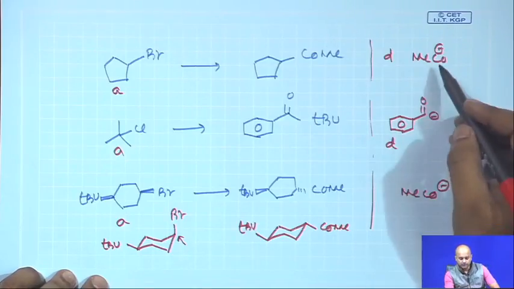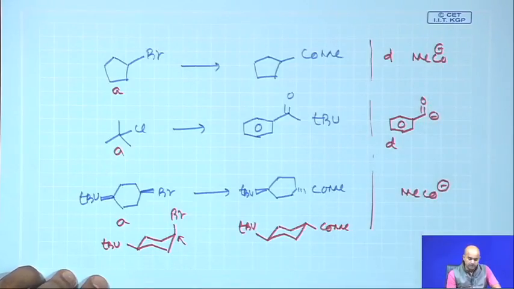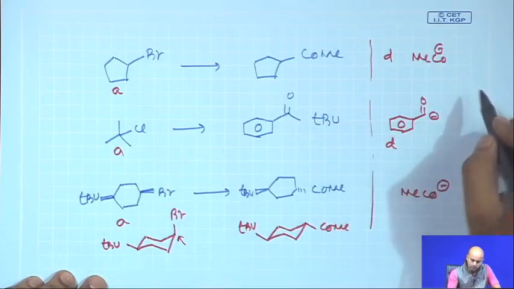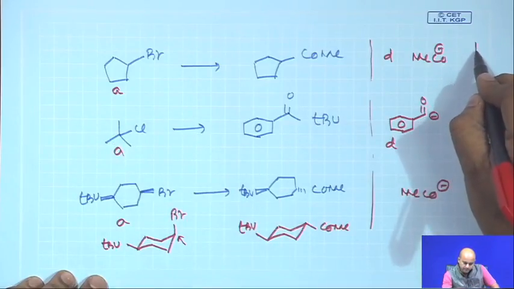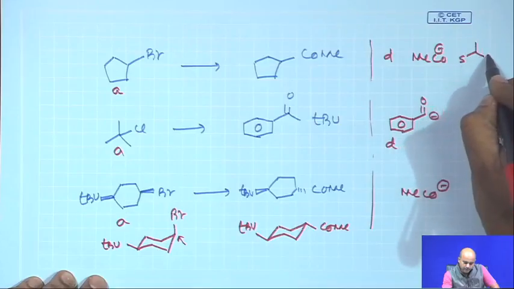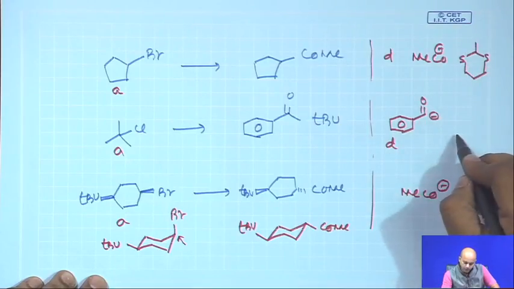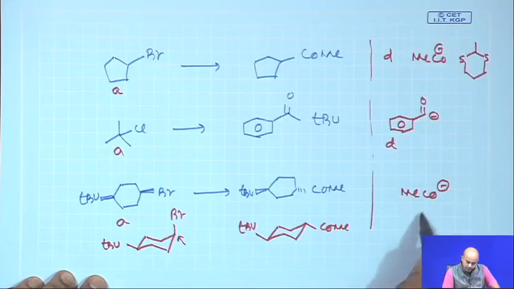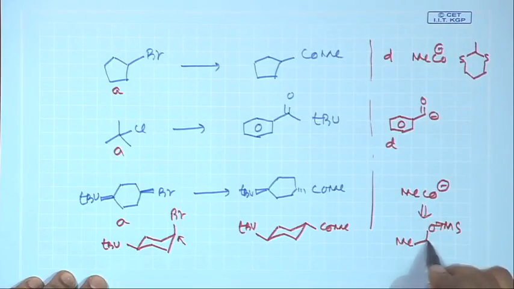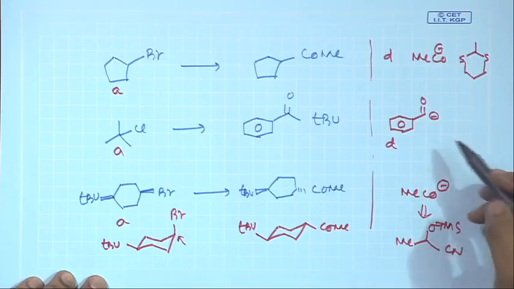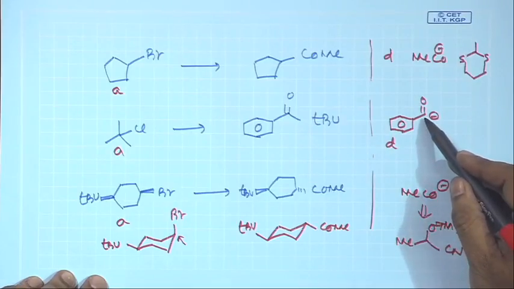Now, what is the source of this MeCO minus? You can easily use 1,3-dithiane chemistry, take this acetaldehyde thioacetal, or you can even use a Stork O-protected cyanohydrin, this also you can use. This one is very useful.